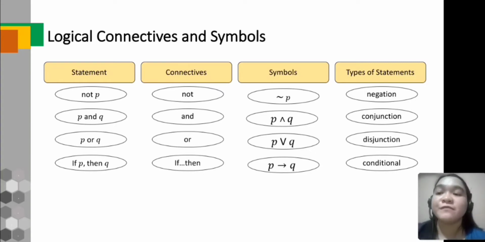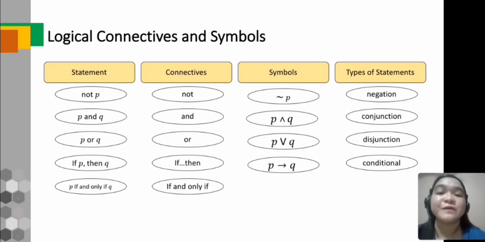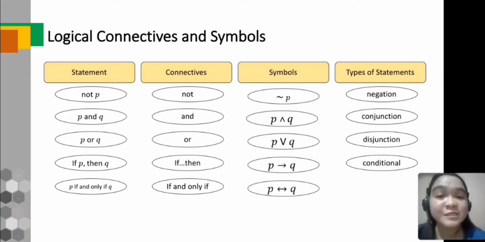Lastly, we have the P if and only if Q statement. The connective used is "if and only if", and this is the symbolic form. And this is now the biconditional statement.